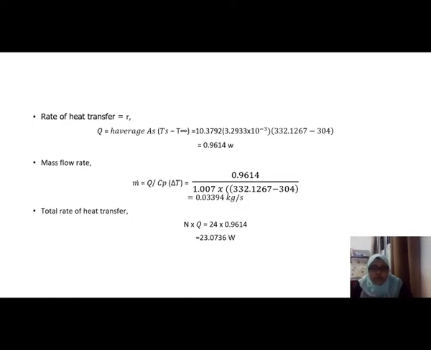And after that, the final formula that we need to use is the total rate of heat transfer, which is N times the rate of heat transfer for one fin. We got the final value is 23.0736 watt. I think that's all for me.